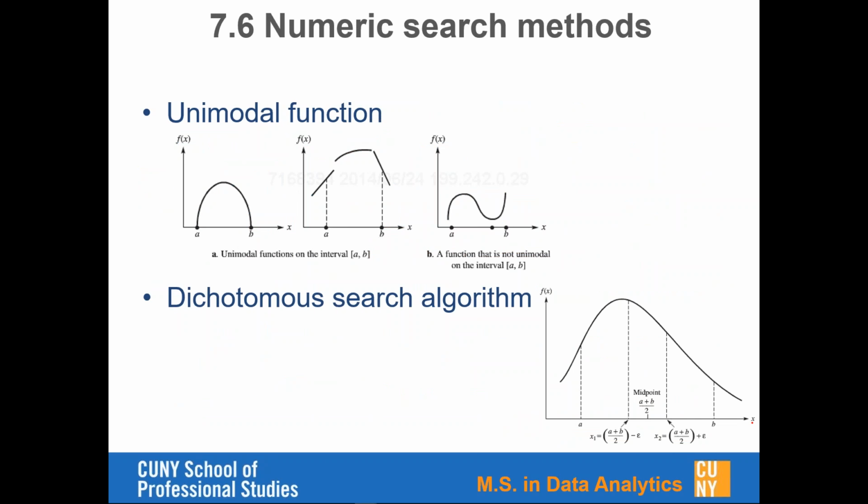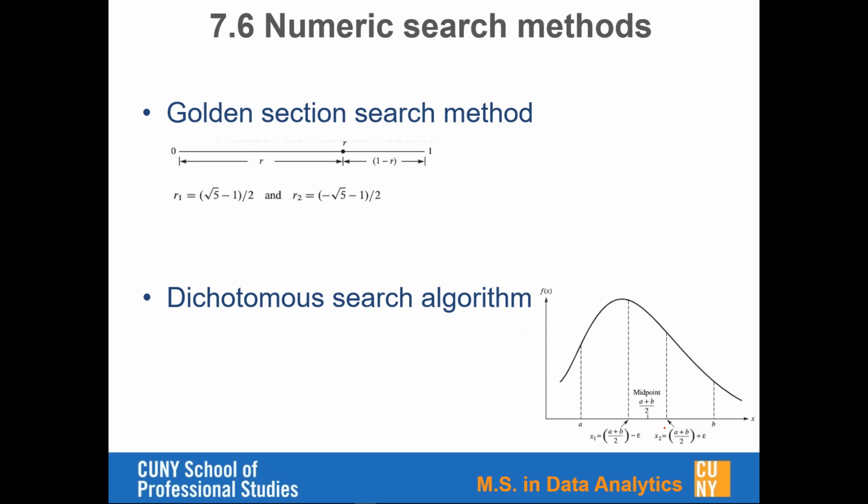And then there are some numeric search methods. I don't want to spend too much time here, but one methodology you probably know is the dichotomous search algorithm. Start from A and B, look at the midpoint and evaluate those two values, then find where it should go, and then find the midpoint of that again.